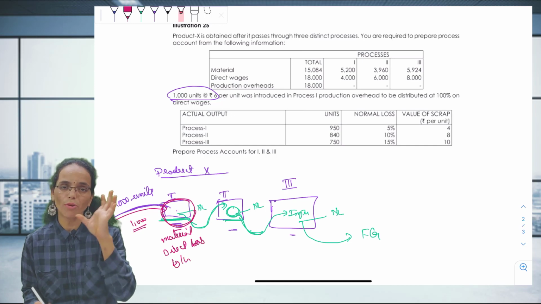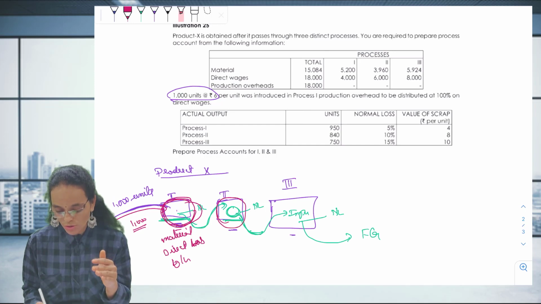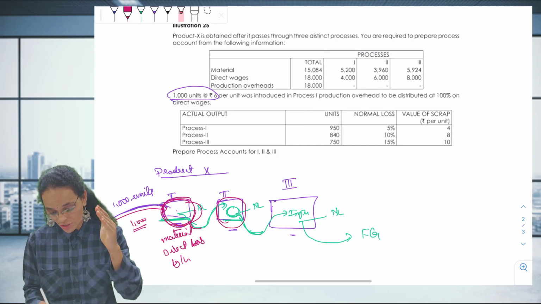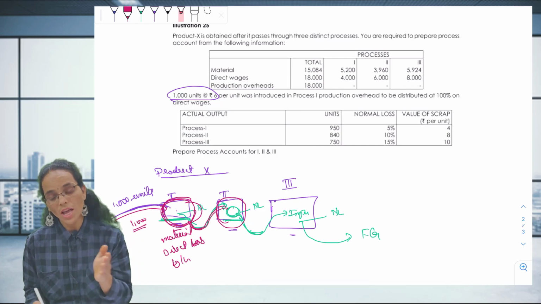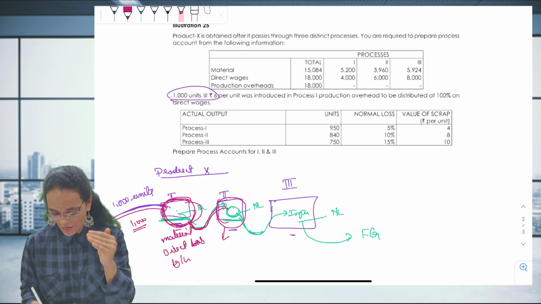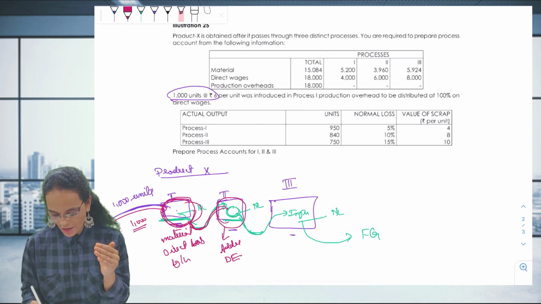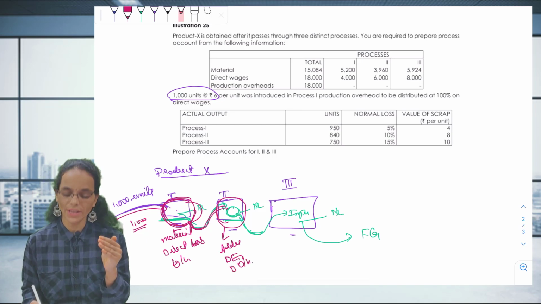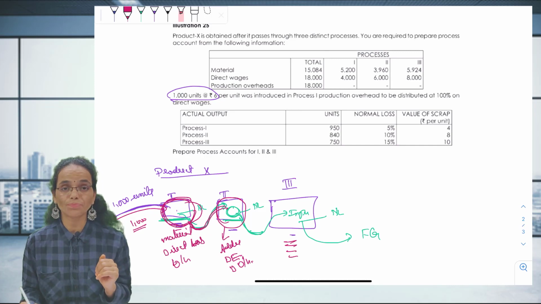In the same manner, from process 1 to process 2, if the process requires additional material, we will give it, and we will incur additional labor expenditure and other direct overheads. In the same manner, here also we will be incurring the expenditures.